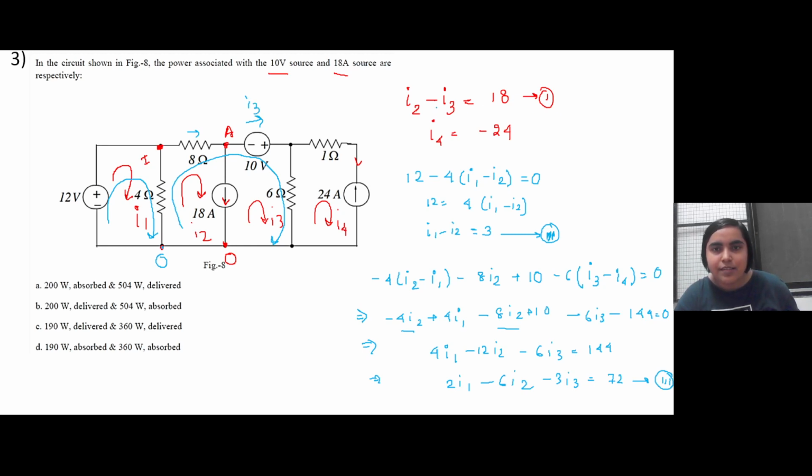So just replace the rest of the I's in terms of I3, like write I2 equal to I3 plus 18, and substitute I1, which will be equal to I2 plus 3, which in turn can be written as I3 plus 18 plus 3 is 21. So substitute I1 and I2 in equation 3 and you can solve for I3. Can you quickly solve this and tell me what is I3?